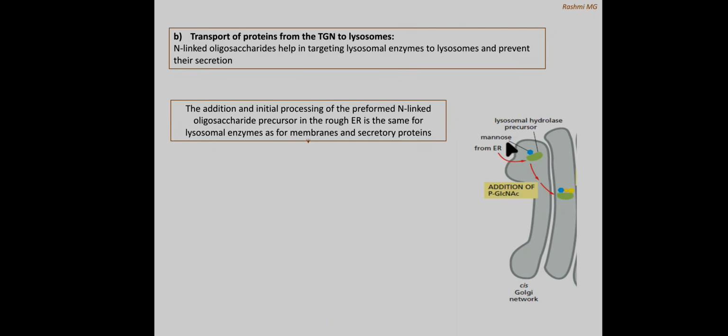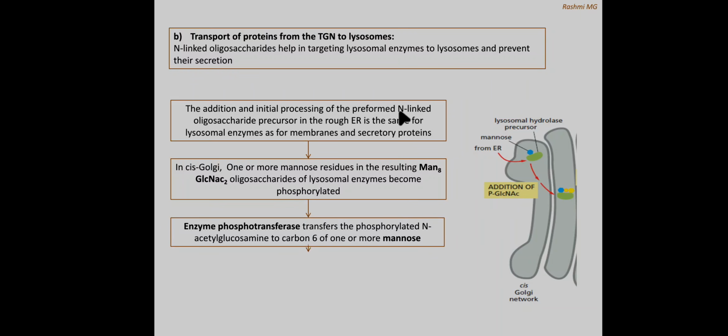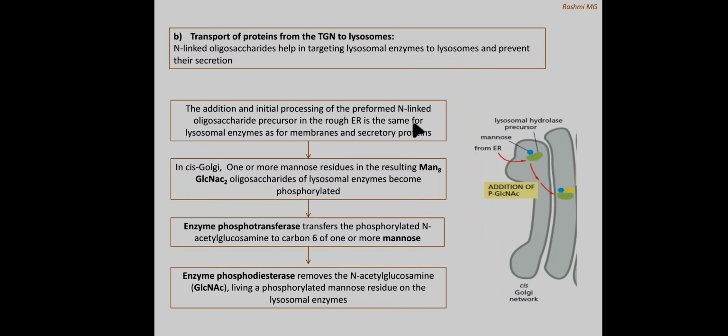That's what we learnt. The initial processing of the preformed N-linked oligosaccharide precursor in the rough ER is the same for lysosomal enzymes. In cis Golgi, one or more mannose residues in the resulting mannose N-acetylglucosamine oligosaccharides of lysosomal enzymes become phosphorylated.